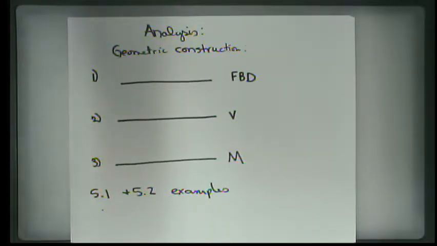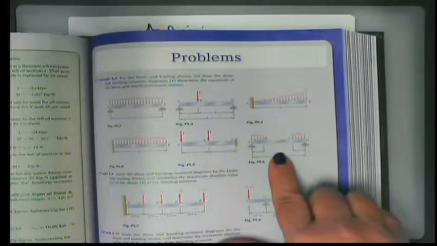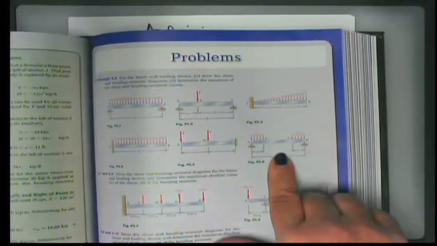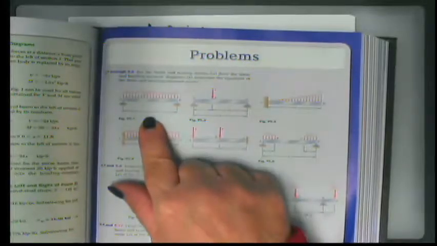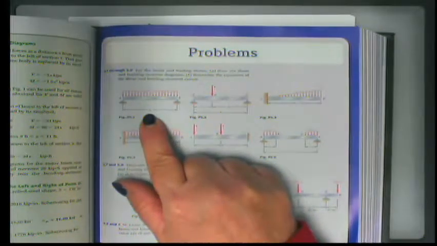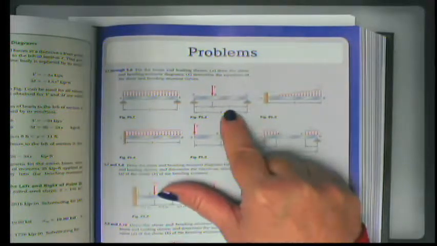Now, there's an interesting thing that I wanted to show you here on problems 5.1 through 5.6. And I'll go through a smattering of these for you. They don't give dimensions of the beam. In other words, they just call the length of the beam L. They call the distance from A to B small a, the distance from B to C small b.